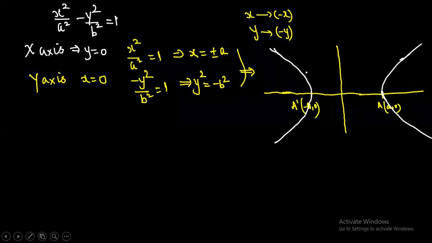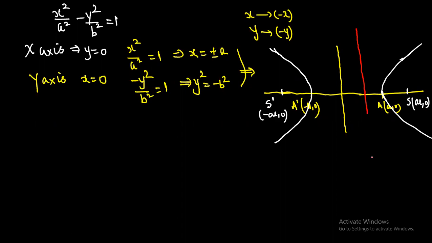So first of all, as we have formed the equation of the hyperbola, we first considered the focus. This focus S is (a, 0), and the second focus S' is (-a, 0). Corresponding to (a, 0), the directrix equation is x = a/e.